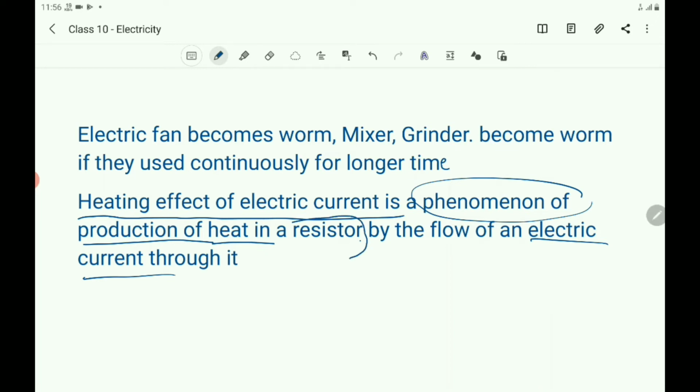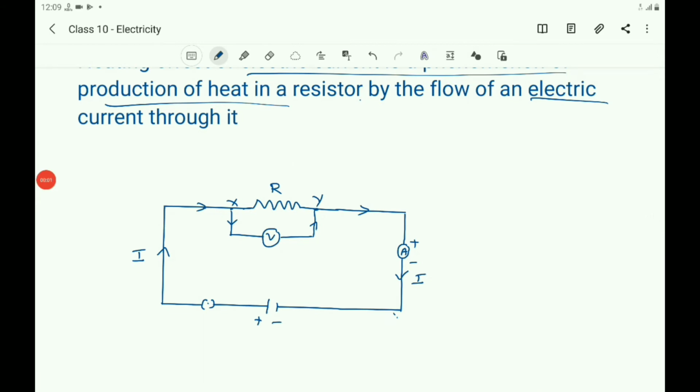Therefore, as the resistivity is more, more amount of heat will be produced and the heating effect will be more. We know that as the conductivity increases, the resistivity decreases and the heating effect also decreases.